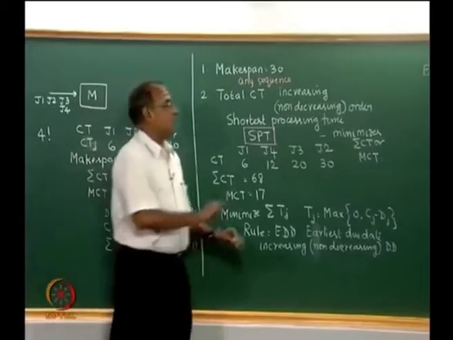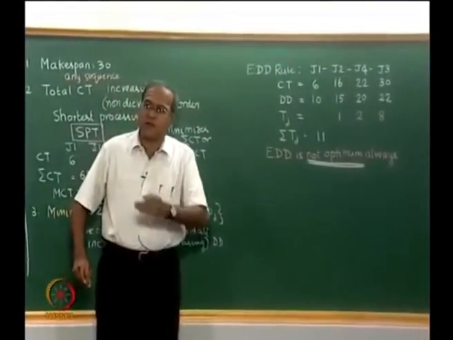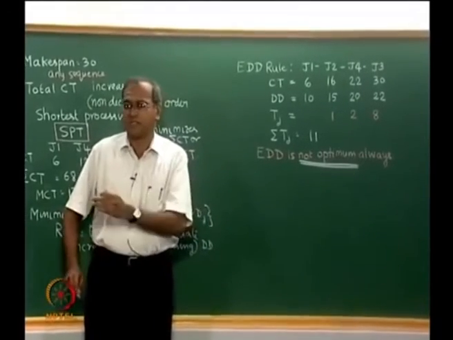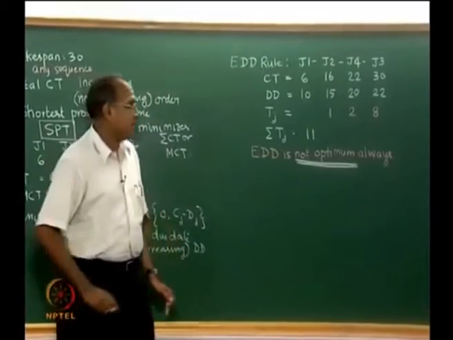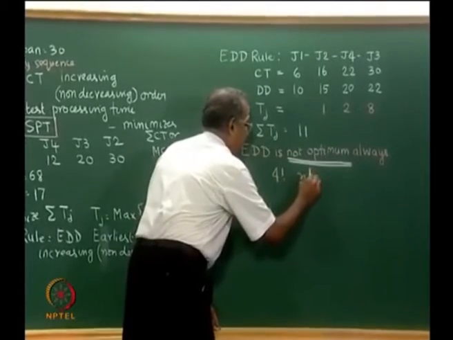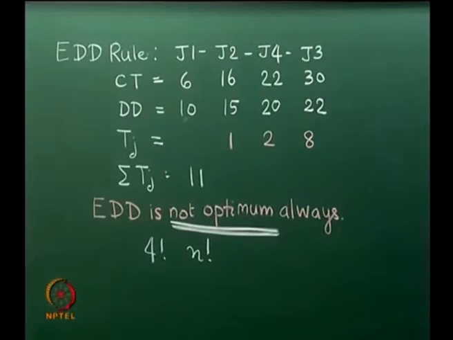Now, if we need a method to find the optimum solution always, then that method, either explicitly or implicitly, has to evaluate all the 4 factorial, or in general n factorial, sequences that are possible, and then only can it give us an optimum solution. Sometimes it evaluates explicitly, sometimes implicitly, because n factorial becomes very large when n becomes large.